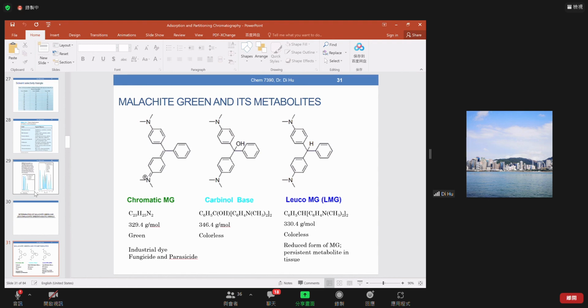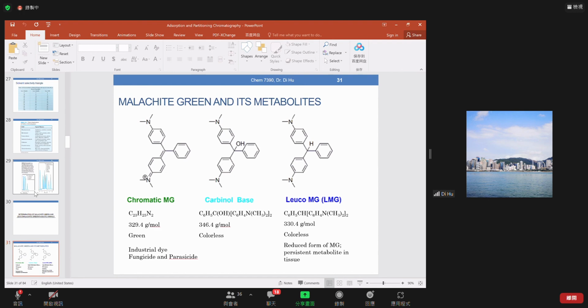You just know what group of compounds they are, and based on their structure, based on the formula, based on their chemical properties, you should be able to understand or propose the right extraction method, or even some sample cleanup method.